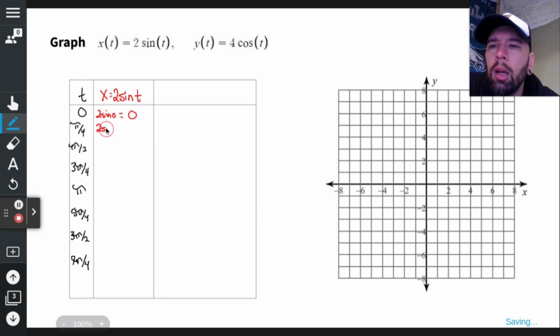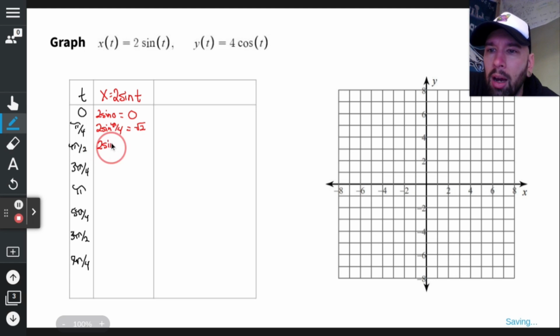Then 2 sine pi over 4. Sine of pi over 4 is root 2 over 2, and 2 times root 2 over 2, the 2's cancel out, it's just root 2. I don't have all the space to show that step, so I'm just explaining it a little better.